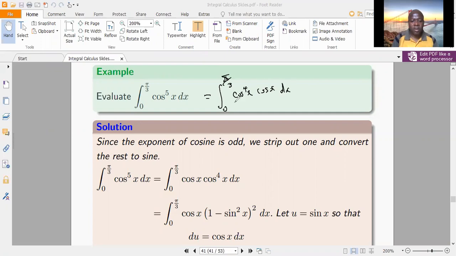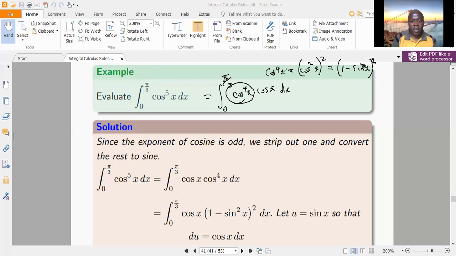At this point, convert this to sine, and you know that cos x raised to 4 is the same as cos x squared, squared, which is the same as, and the one in the bracket is 1 minus sine x squared. So if I include this other square, this is what I'll be having.